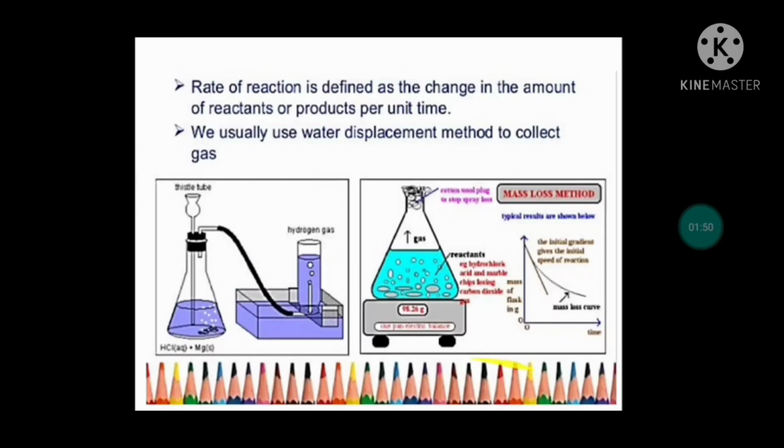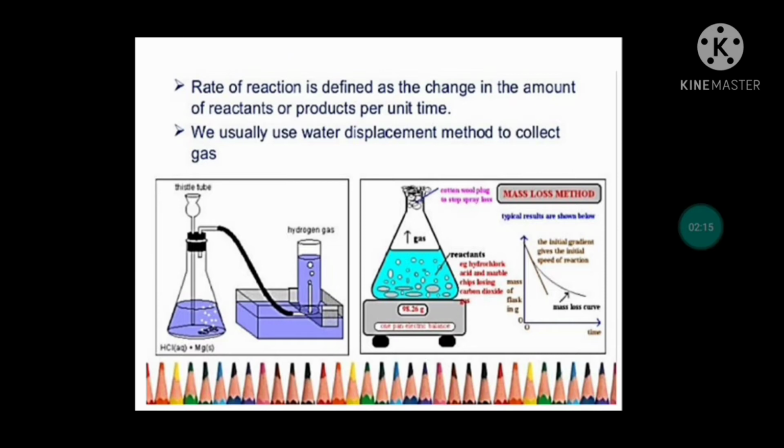Or, using the weighing balance, we can check the mass that is produced on the product side or the reactants that are left over. That also we can check with the help of a weighing balance. So these are all ways to find out the rate of reaction.